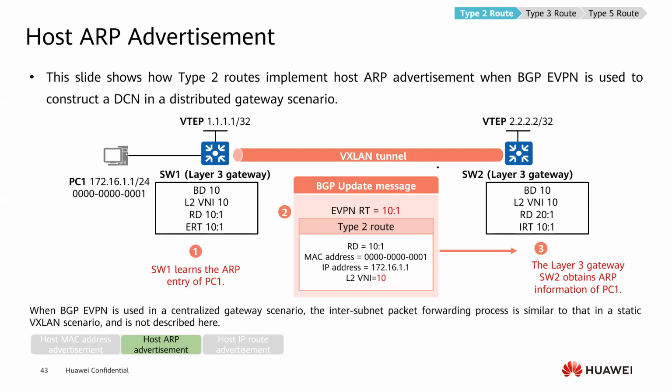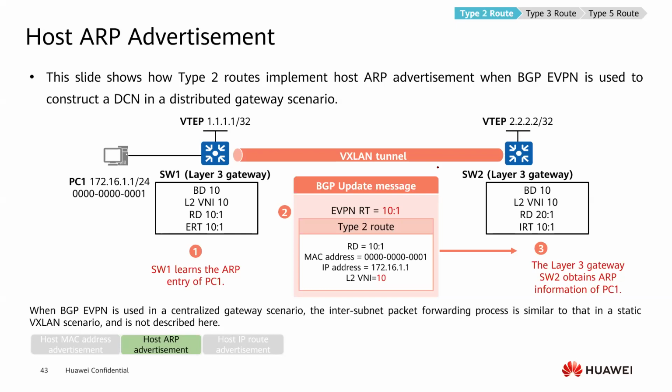Why is BGP used to construct a DCN in the distributed gateway scenario? You will find that in this scenario, switch 1 and switch 2 are the level 3 gateways. They also have the same BD and the same level 2 VNI. PC1 may generate an ARP request, and this ARP request is received by switch 1.